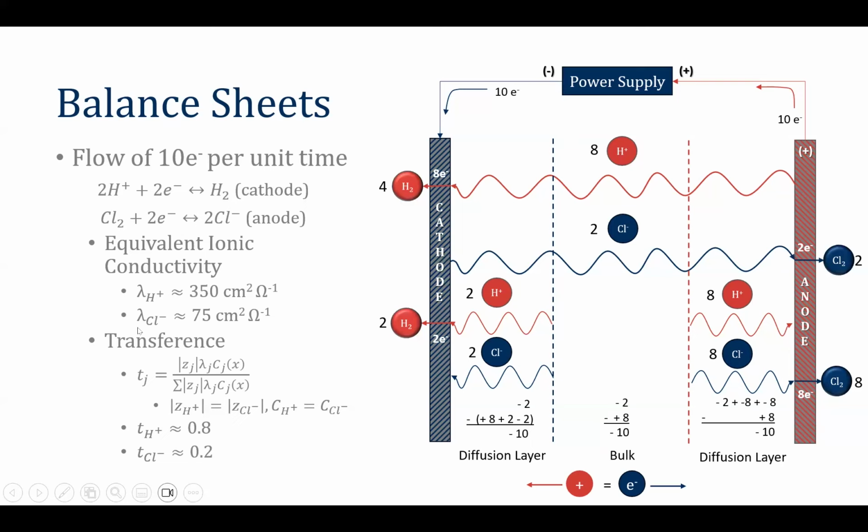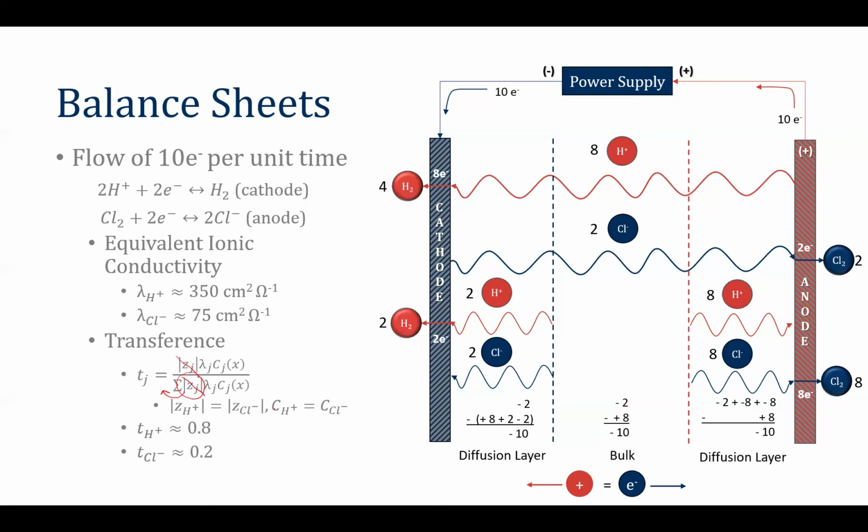So to get an idea of how much of the current is being carried by each one of these ions, we're going to calculate the transference. The absolute value of the charge of hydrogen and chlorine are the same, so we can pull this out of the summation term because they're both 1 and cancel it out.